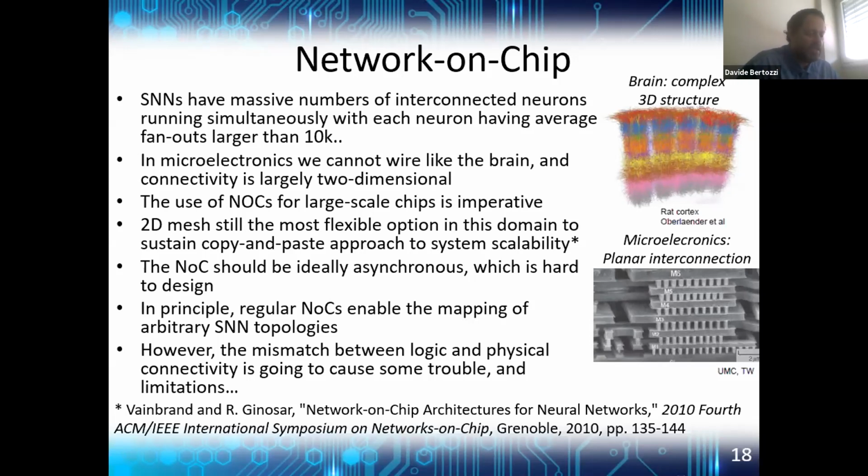This mismatch is sooner or later going to come up. The mismatch between these two domains on the right-hand side is going to come up very soon and to bring important limitations on the kind and size of spiky neural networks that can be mapped onto nowadays neuromorphic chips. This is a fundamental issue.